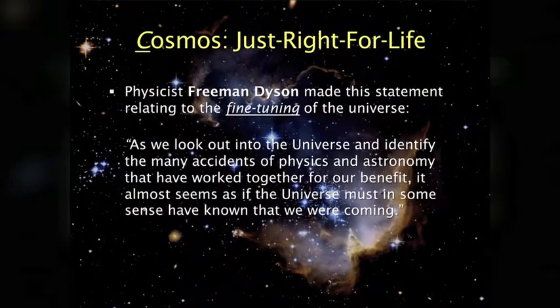Physicist Freeman Dyson, an American, made this statement relating to the fine-tuning of the universe, and I want you to look carefully at what he says here. He says, quote, as we look out into the universe and identify the many accidents of physics and astronomy that have worked together for our benefit, it almost seems as if the universe must in some sense have known that we were coming.